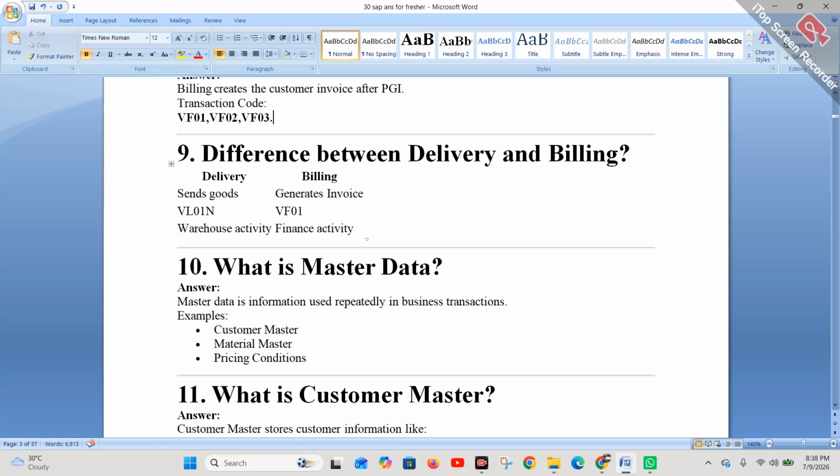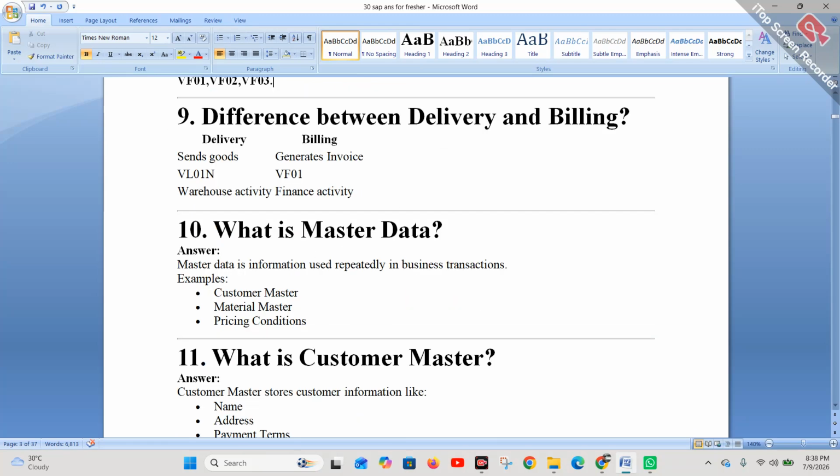Now, what is the difference between delivery and billing? You can see in the table form. Okay, let it be. Difference between delivery and billing. The T code for both of them is different.